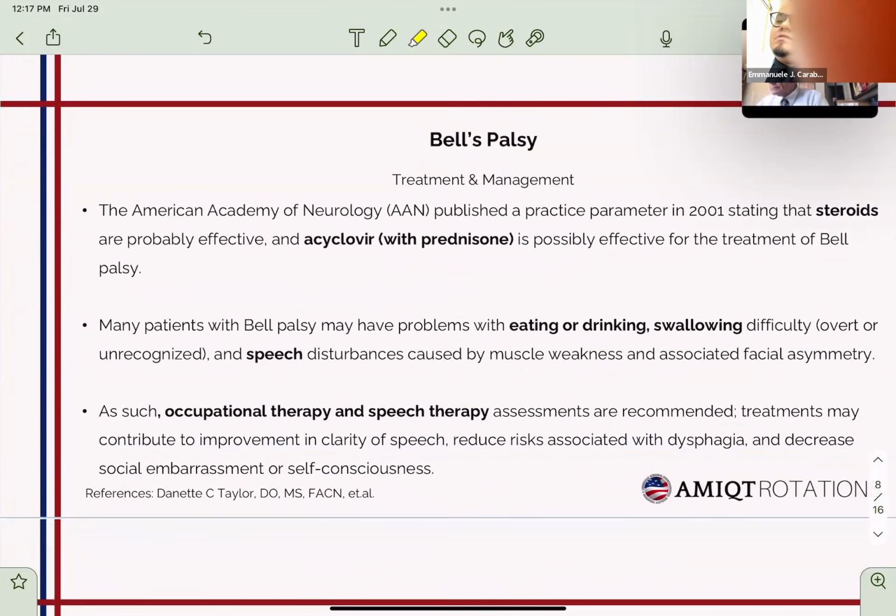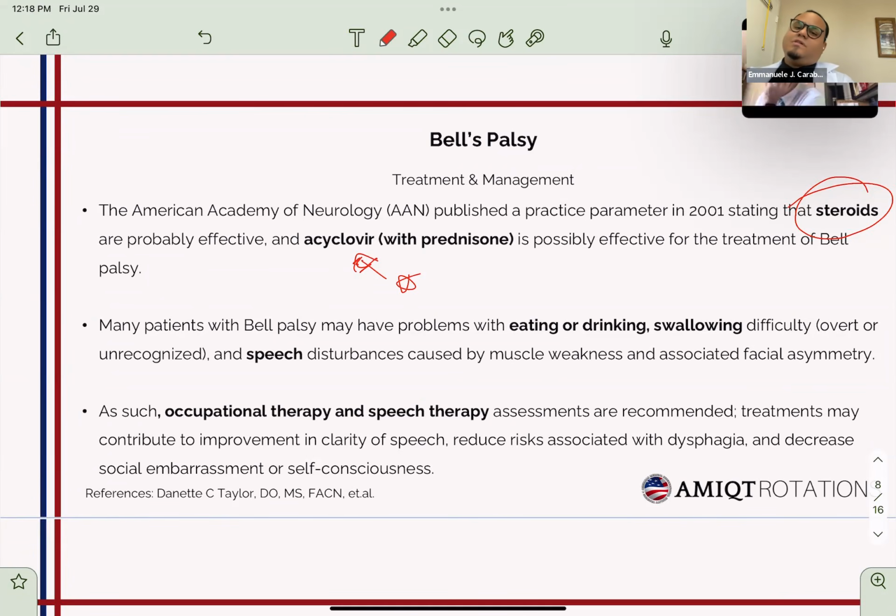The treatment is usually steroids. But now that we know that many patients are positive for herpes simplex virus, acyclovir with prednisone is helping patients recover from the illness faster. During the recovery process, the patient can have problems with eating, drinking, and swallowing in general, and speech disturbances too.